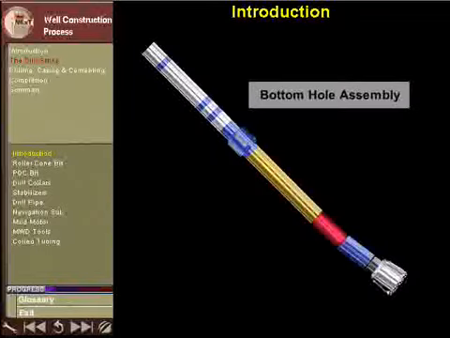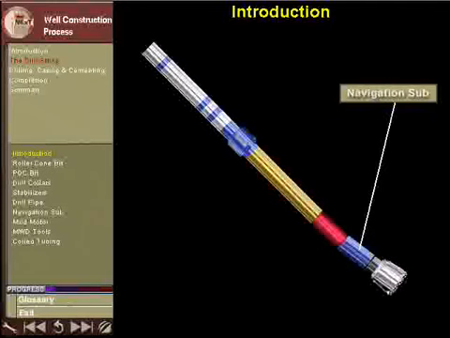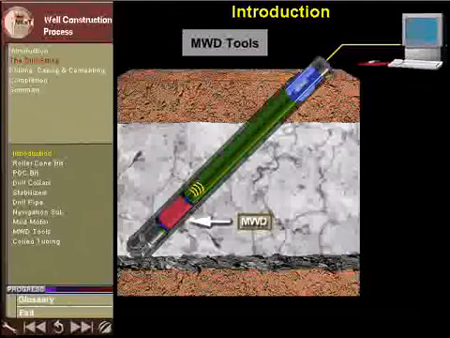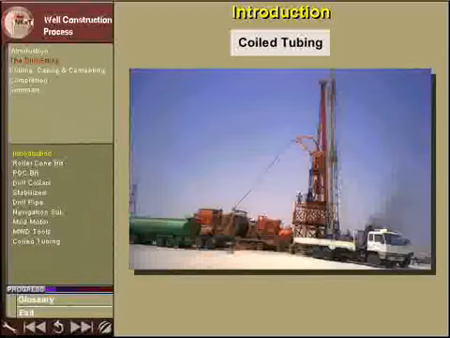For directional drilling, additional tools are installed in the bottom hole assembly. These tools include the navigation sub, the mud motor, and measurement while drilling tools. In slim hole drilling operations, coiled tubing can be used instead of drill pipe.